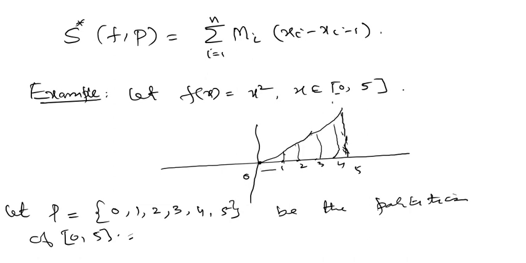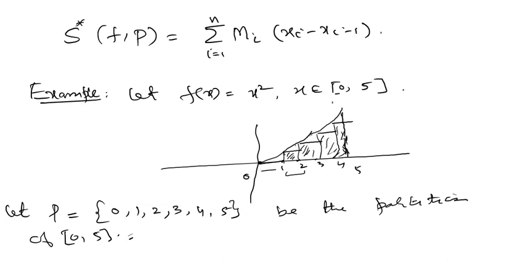Then you are taking the next infimum over this interval, that's 1, which is this rectangle. So this is the area of this line plus the area of this rectangle plus the area of this rectangle plus the area of this rectangle plus the area of this, that's the lower sum.